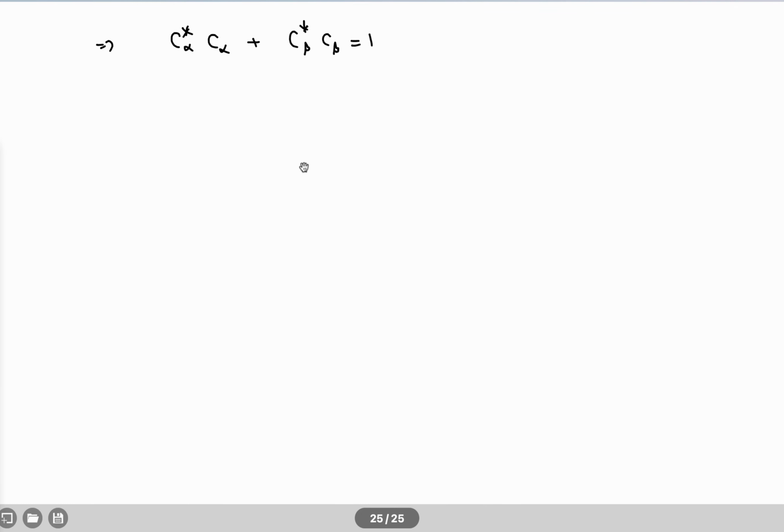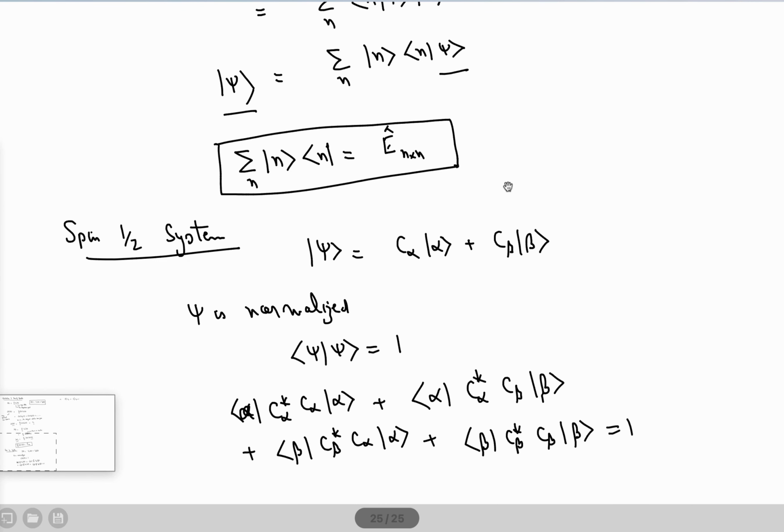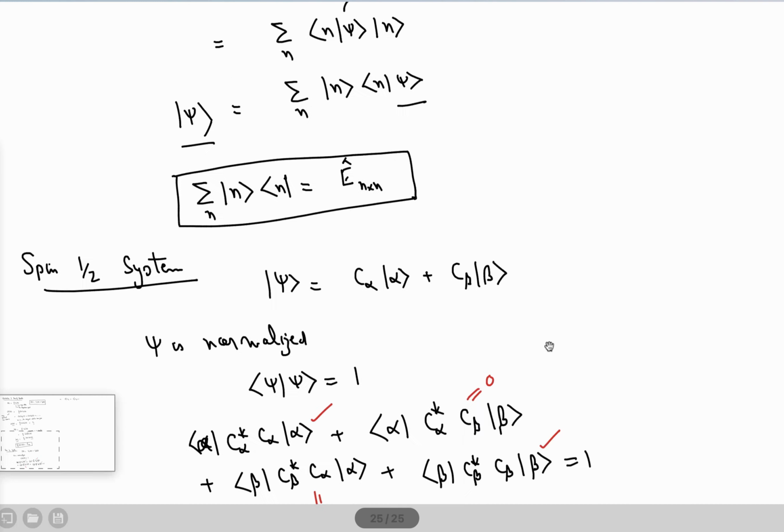So this comes from the fact that two of the integrals which will have alpha and beta terms will go to 0 because this is integration between two orthonormal states, and similarly this will also go to 0. So only this will survive. So alpha into alpha will go to 1, beta into beta will go to 1. So these two will survive, and you are left with C alpha star and C beta star, right? So that is very simple to see.